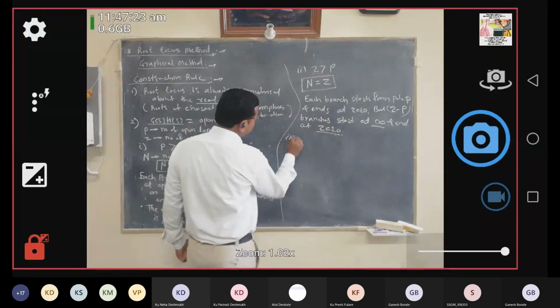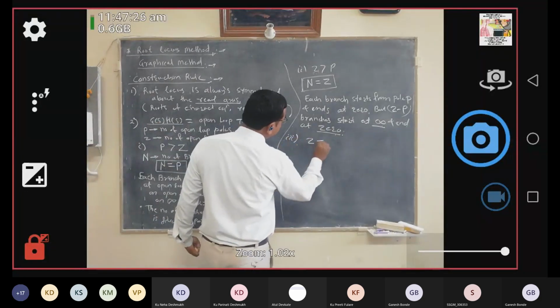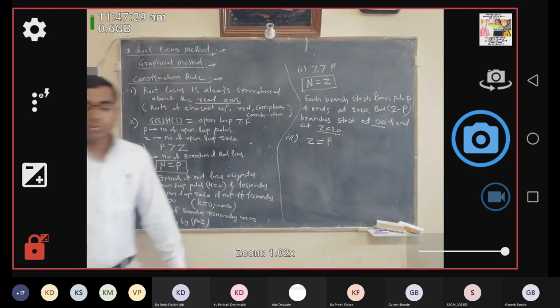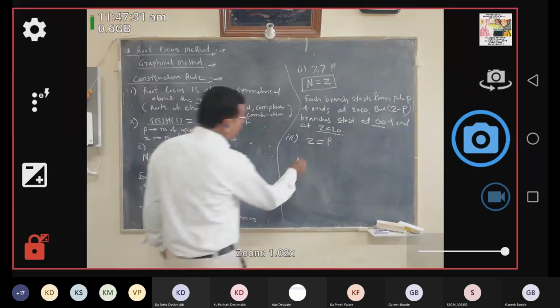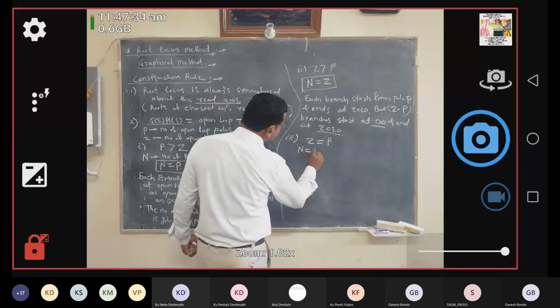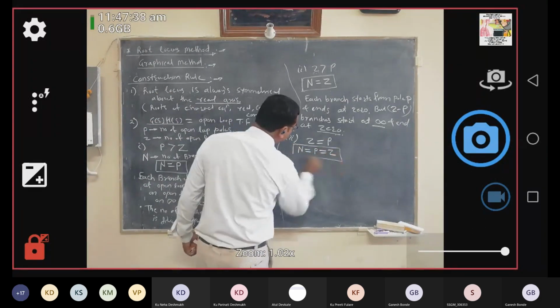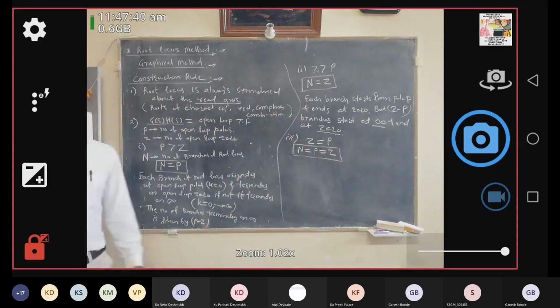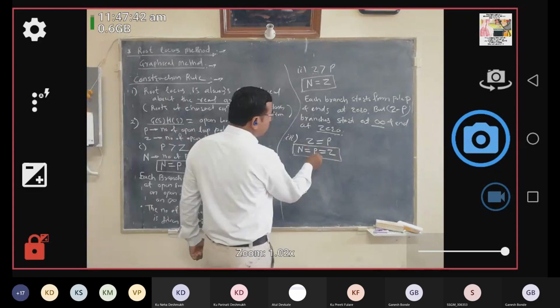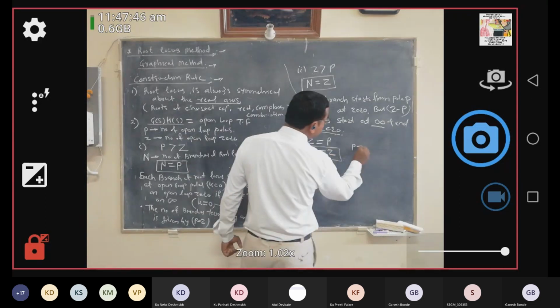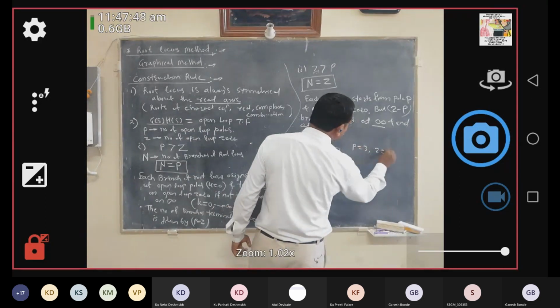The third possibility could be Z equal to P. Here, the total number of branches is given by N equal to P equal to Z. In this case, all branches originate at poles and terminate at zeros, because here P is equal to 3 and Z is also equal to 3.